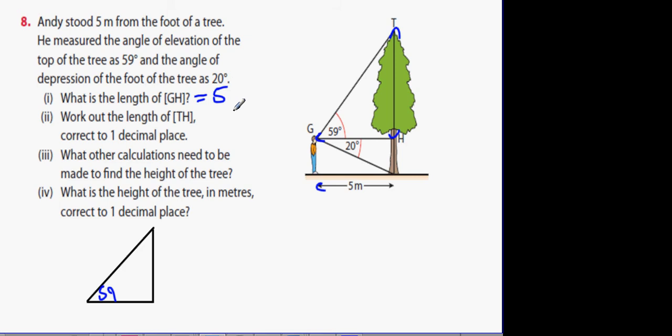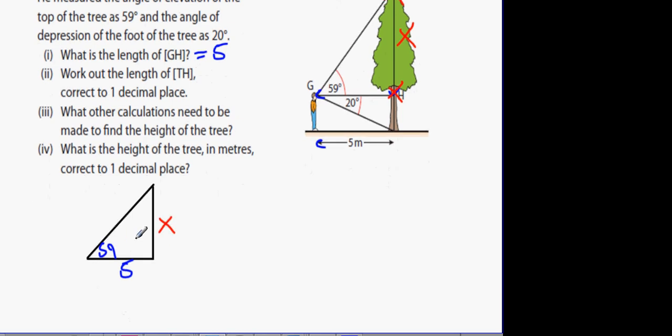Now what about TH? How do we find TH? TH is from here to here. Let's call it X. How do I find out TH, guys? Look at my diagram there. What am I using? Tan. The opposite is X and adjacent is 5.